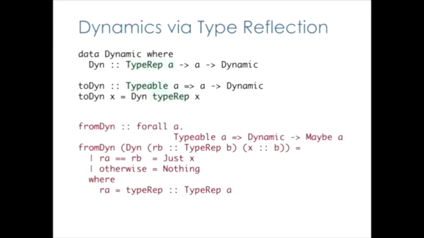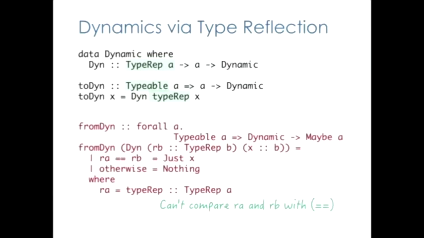But this code doesn't type check, for two reasons. First of all, equality, when we use double equals, requires its arguments to have the same type. But RA is a representation of type A, RB is a representation of type B. We can't even ask whether they're equal or not. And the other problem is, even if we could ask that, then what? We want to return just x.